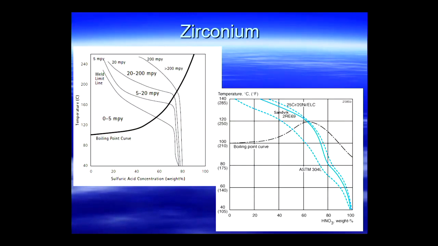And the beauty of zirconium is that its oxide layer is as hard as corundum. It is magnificent stuff. It's only one step down from diamond. And so it's really difficult to abrade. Not impossible, but difficult. It's also very tenaciously bonded to the underlying metal.